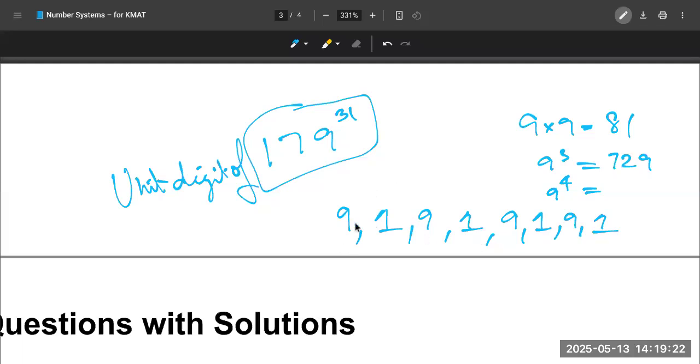We need to find out what comes in the 31st power, like first power, second power, third power, and so on. That would be 1.